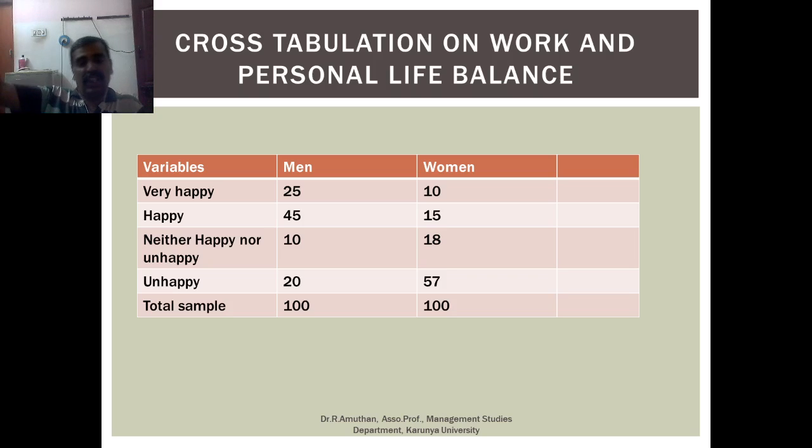So age level and income. For example, the 20 to 25 age people, what is their income? 25 to 30 age people, what is their income? Like that, you can do that. Or the same thing, you can do with adult, adolescent, and old age people. So you can correlate the income variable with these three sample groups: the income of adults, adolescents, and old age people.